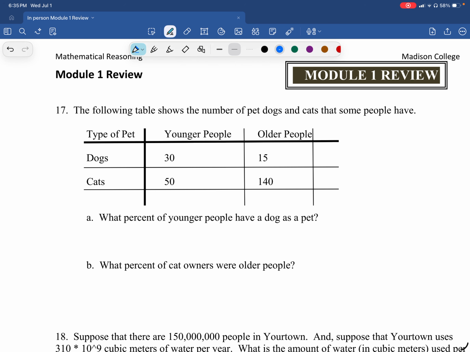The following table shows the number of pets, dogs and cats, that some people have.